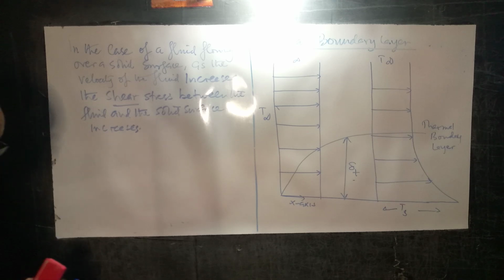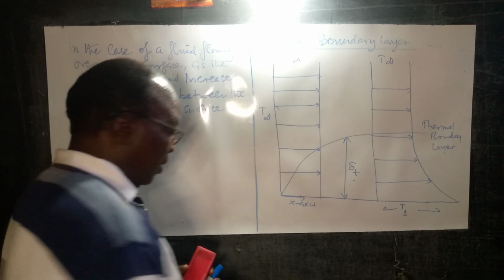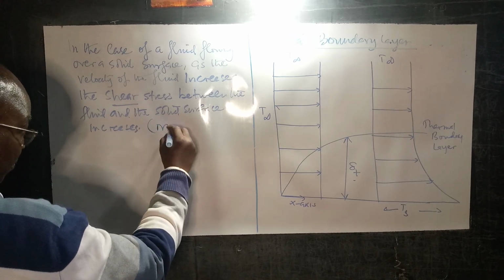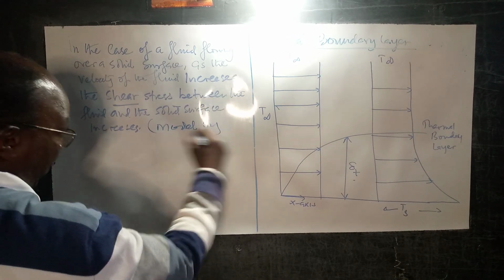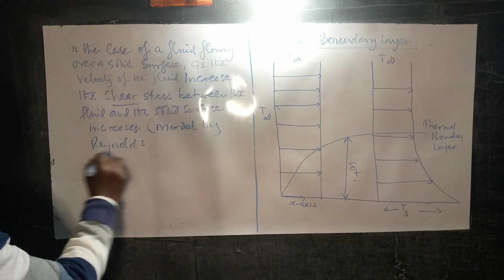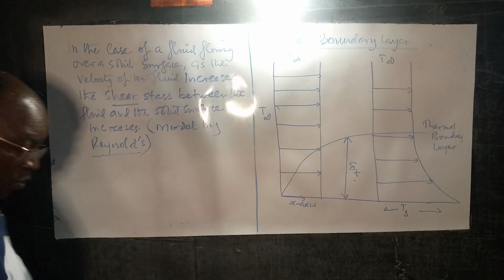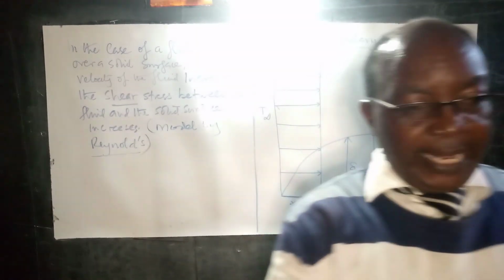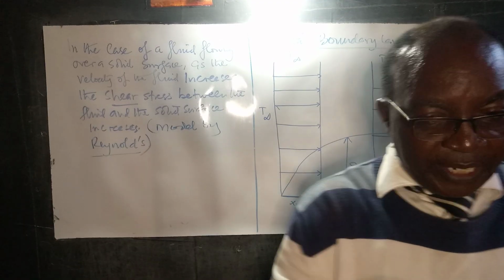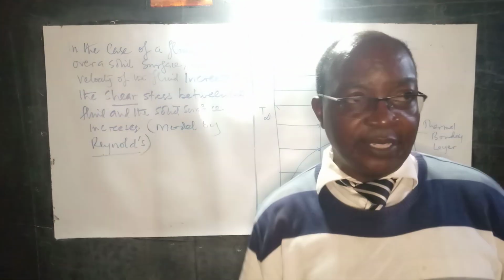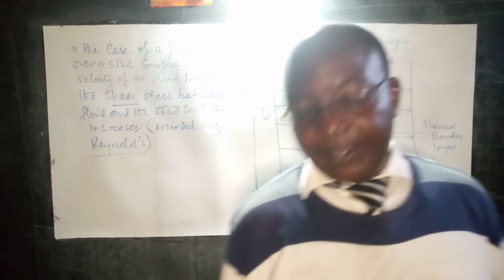This is the model by Reynolds. So as the velocity of the fluid increases, the shear stress between the fluid and the solid surface increases.